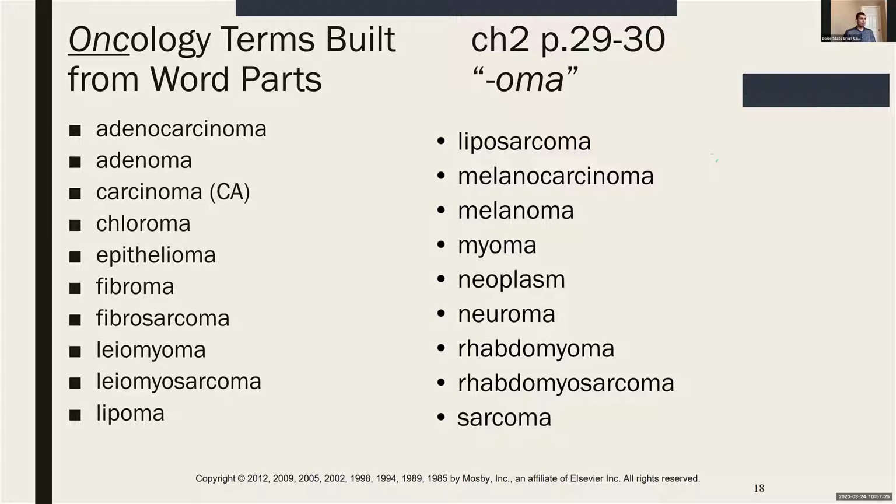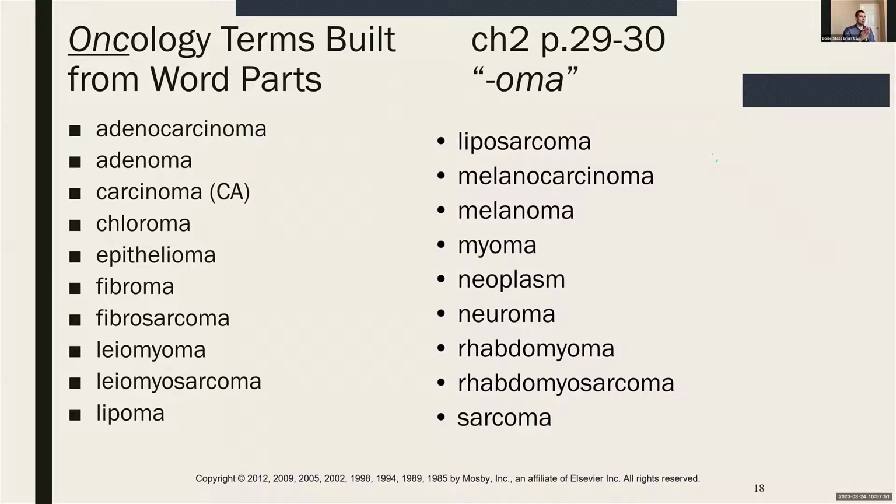And that -oma is what is presenting to us that oncological meaning, or a cancerous type of meaning. So in all of these cases, if we look at the word roots, that's going to help us to identify where the cancer is at.